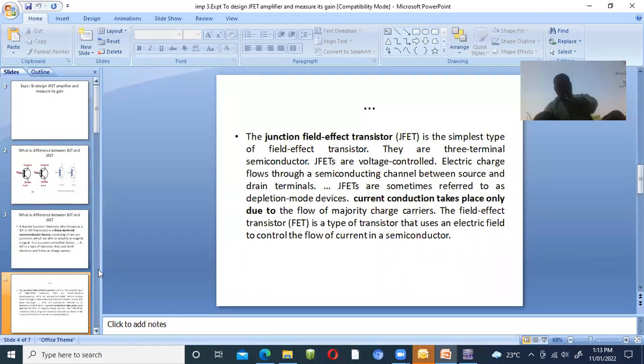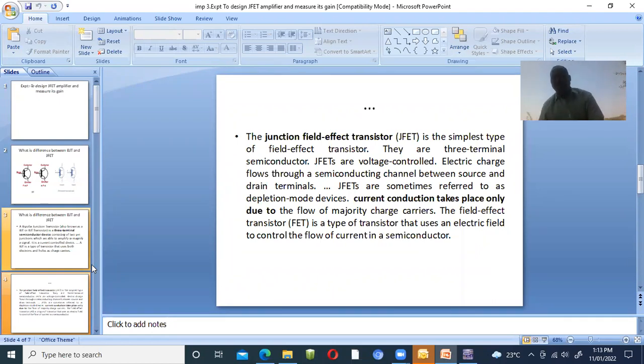That is a differentiating point. Also, in the case of BJT there is only NPN or PNP type, but in the case of JFET there is N-channel or P-channel type, so N mode operation or P mode operation. That is the operation of your JFET.